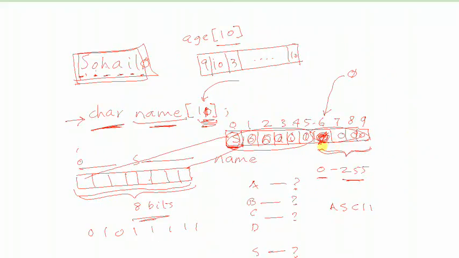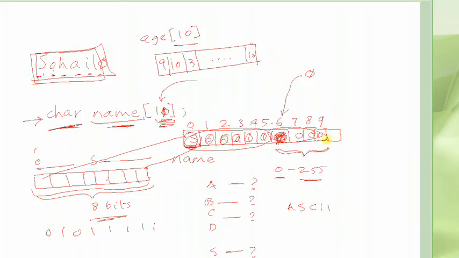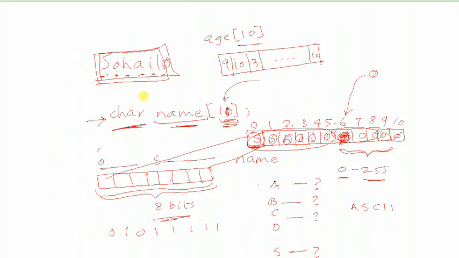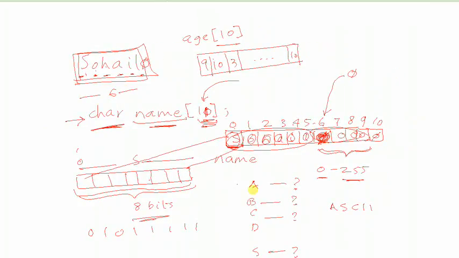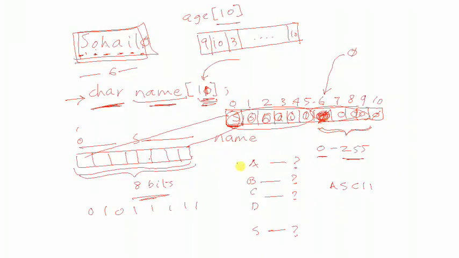Because you want to end the longest name, which has 10 characters, with a 0, so you create 11 elements here. If it is smaller than 10 characters, as in my case where it is only 6 characters long, you write 0 on the 7th character.